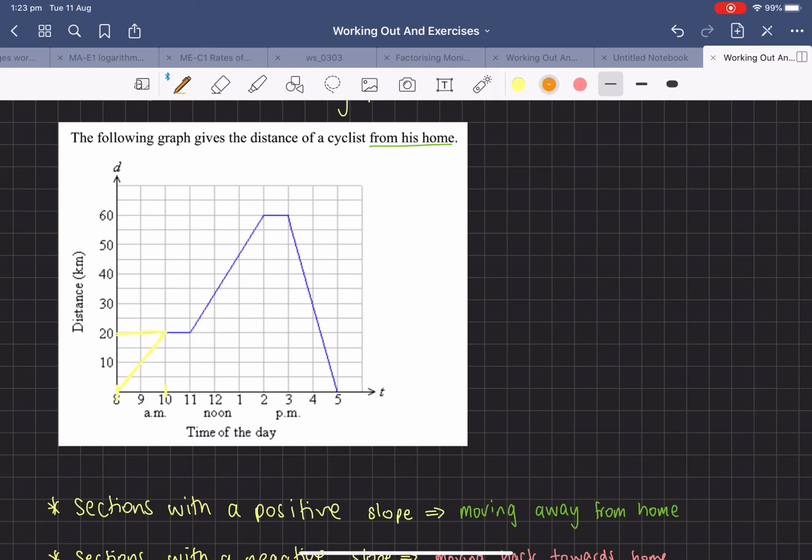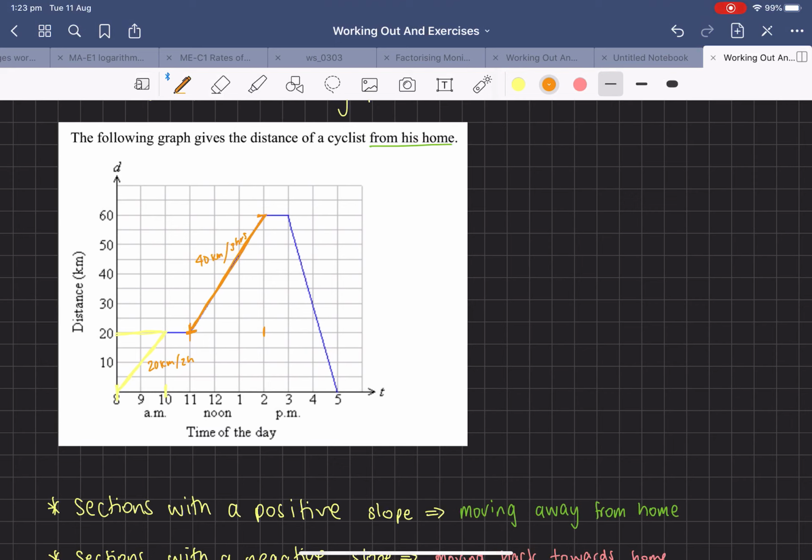Whereas up here, he travelled now from 20 kilometres to 60. So he travelled 40 kilometres, and how long did it take him this time? In 3 hours. So this was 20 kilometres in 2 hours, and that one's 40 kilometres in 3 hours.